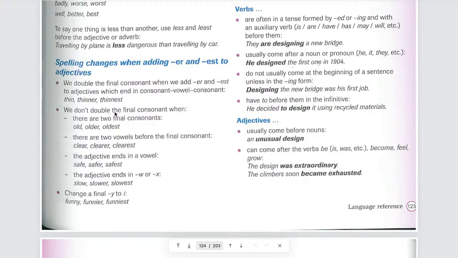We don't double the final consonant when there are two final consonants. Now look at the word old. You see that? The last two letters, L and D, they are consonants. So we don't double that. Okay? Next one, Kiệt.